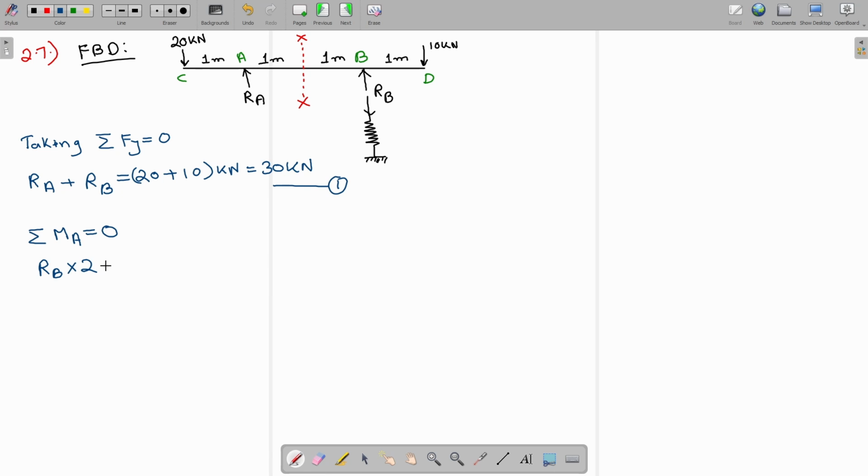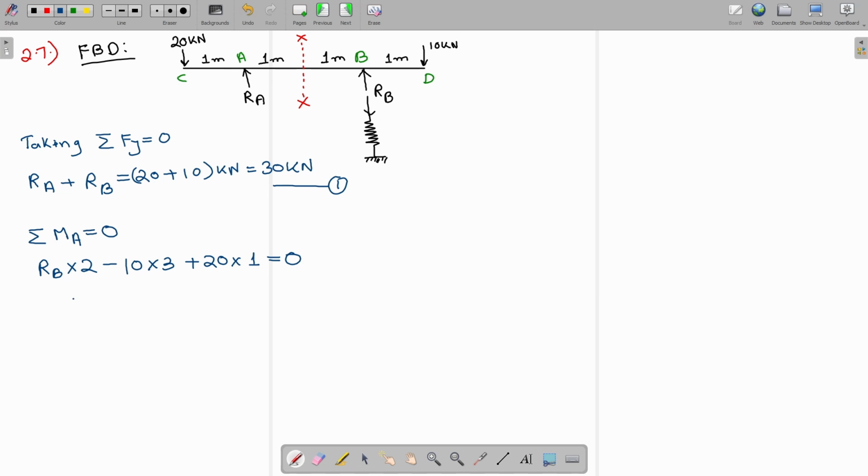So Rb into 2 minus, this is acting 3 meter from Ra and it is in the clockwise direction, so minus 10 into 3, plus, this is in the anti-clockwise direction, 20 kilonewton load, so 20 into 1 is equal to 0.